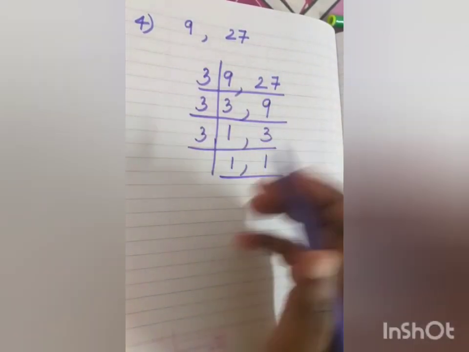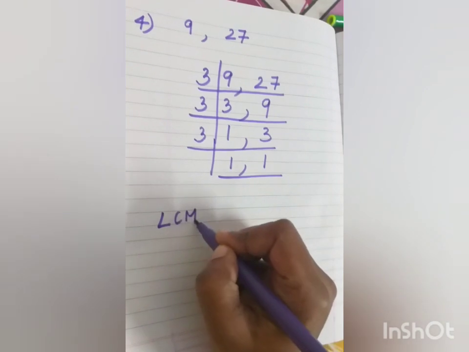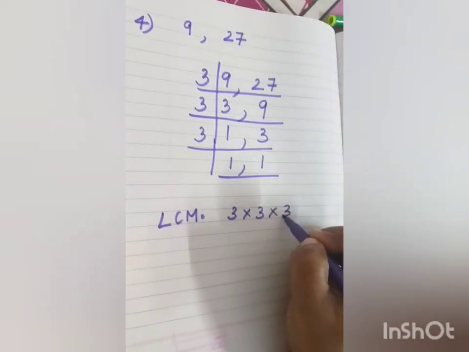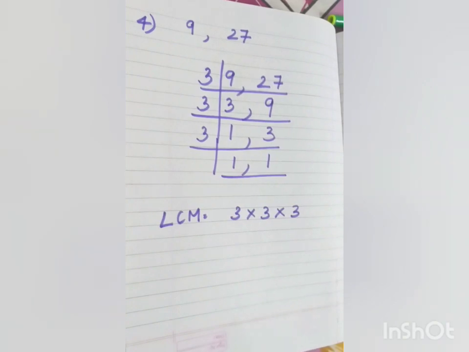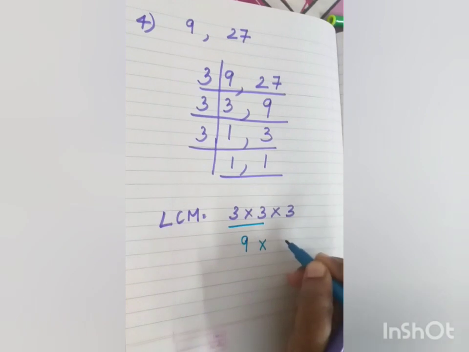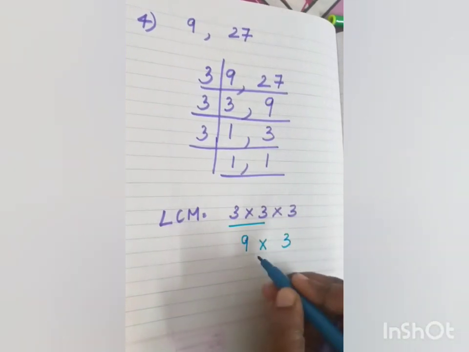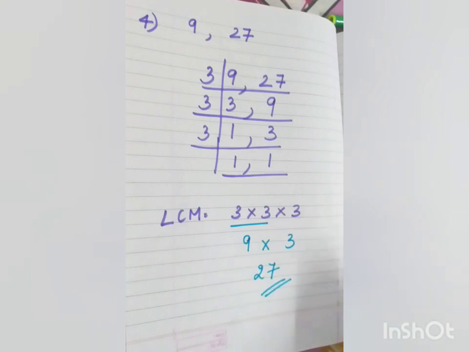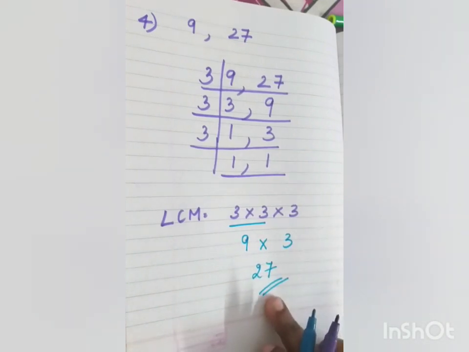So I am done with this. Therefore, LCM is equal to 3 into 3 into 3. So what should I do here? What is 3 into 3? 3 3s are 9. And then the remaining 3 I have written here. 9 3s are 27. So therefore, the answer is 27.